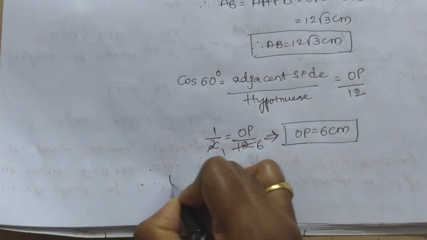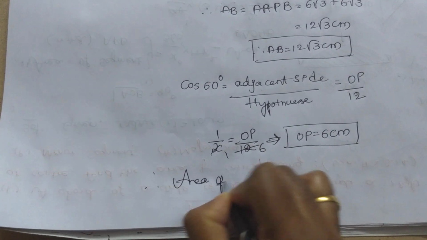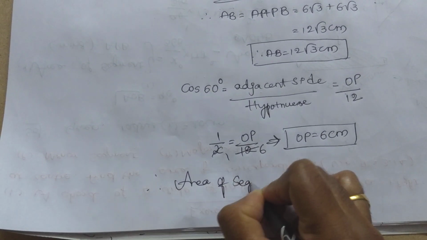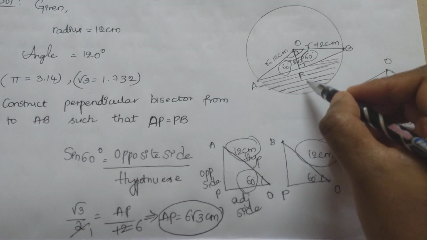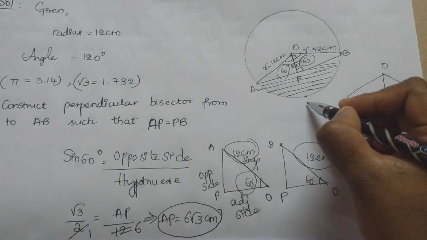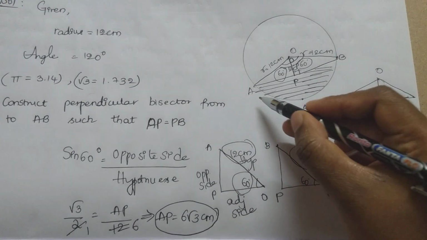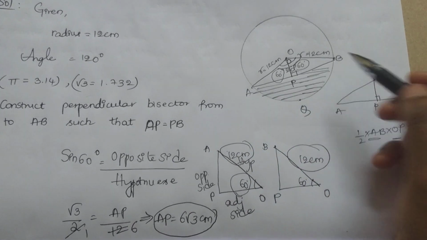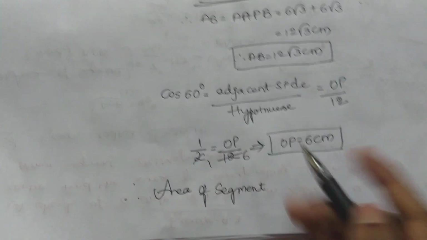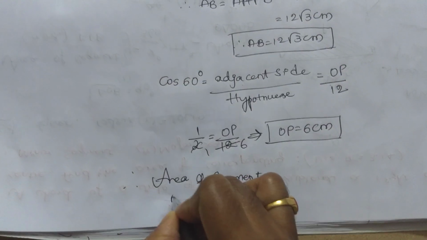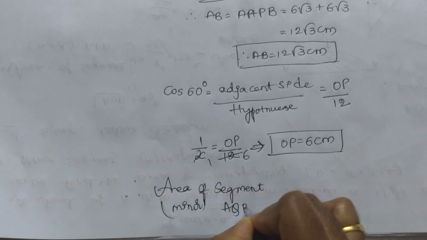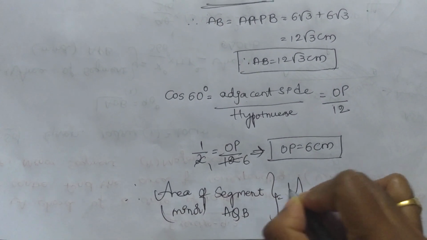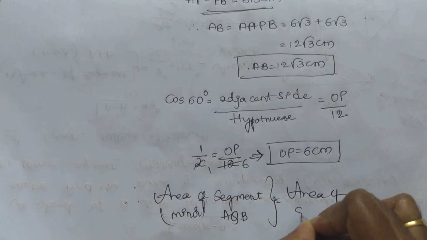Therefore, area of segment. They asked us to find the minor segment, right? See here in the figure, area of minor segment AQB equals area of sector.